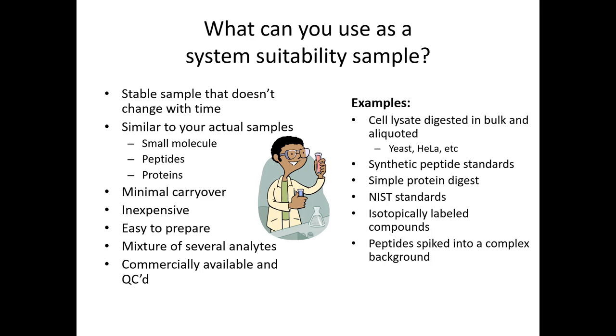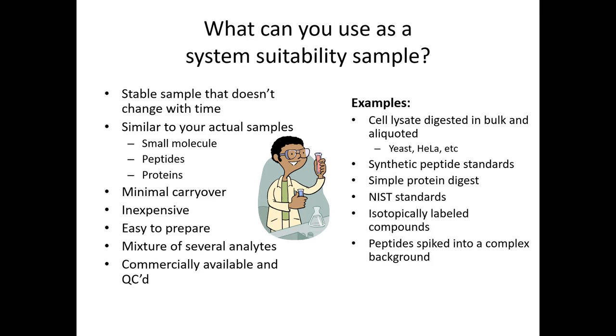Sure. That is a bit of the chicken and the egg scenario, where if you're trying to design a system suitability protocol and you don't yet have a sample established, you have to evaluate the sample while at the same time you're evaluating your system performance. And so when things begin to, for example, decrease in sensitivity, the question is, well, is it my sample degrading or is it my mass spectrometer?